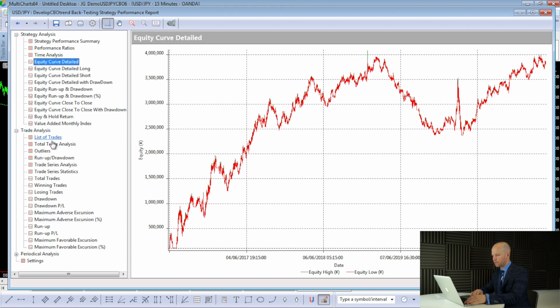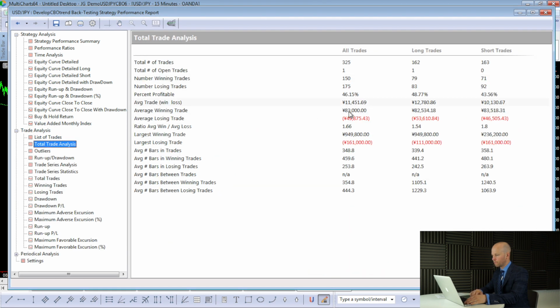Let's just quickly look at the total trade analysis, and we can see the average trade has dropped considerably. That's because we did go through those big losing periods, but still an average trade of 11,000 yen, and this is after trading costs, so that's pretty acceptable, and we can see we've made money using this strategy.